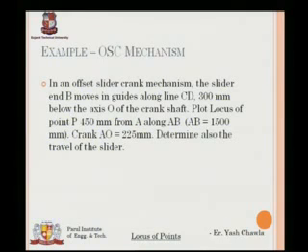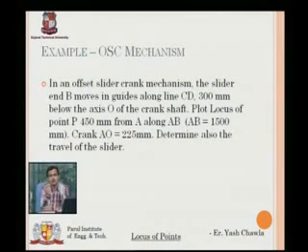We know that this 450 mm is measured from point A, and AB is the connecting rod, so the locus will be on the connecting rod. So what do I need to do? Again, I need the crank positions, the connecting rod positions, and the slider positions. If I have all these, I will have the required locus of point P.